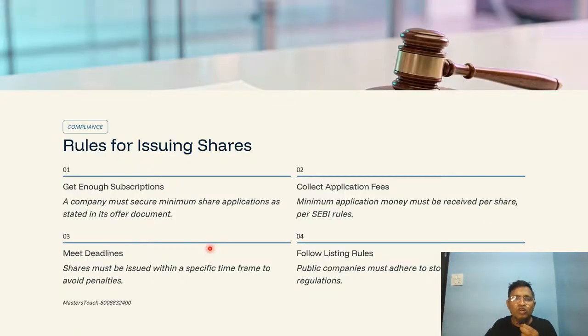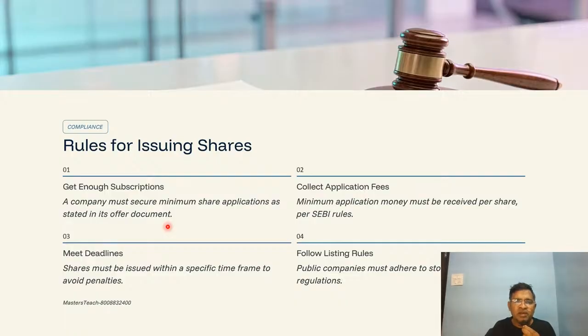Then rules for issuing shares. We already discussed that in the previous video: the company issues the prospectus to the general public in order to get subscription for the shares. So how are the shares issued? One is to get enough subscription. The company must secure the minimum share applications as stated in its offer document.